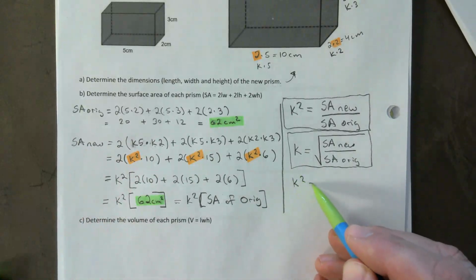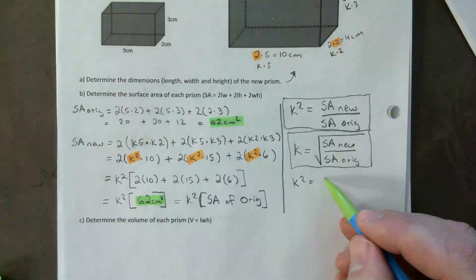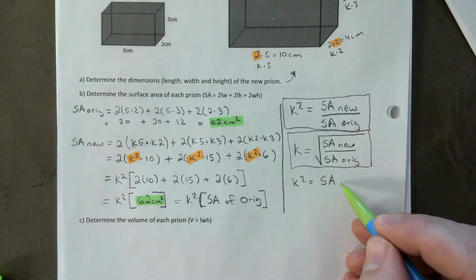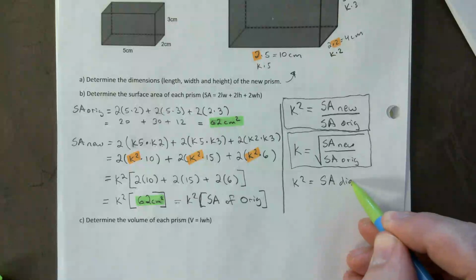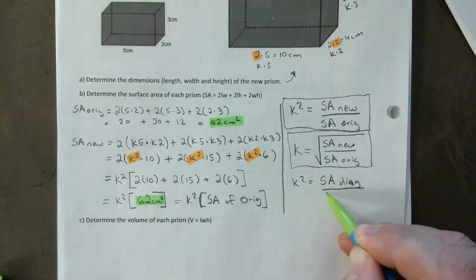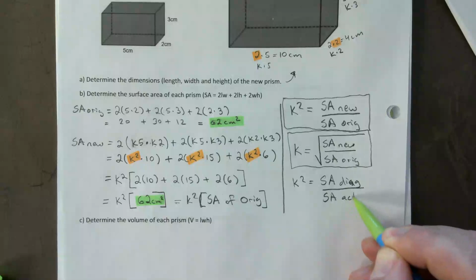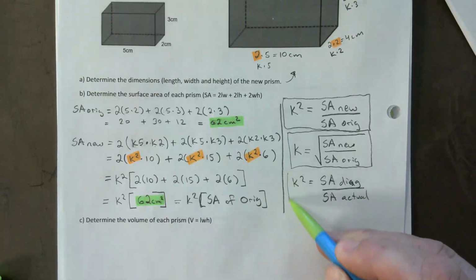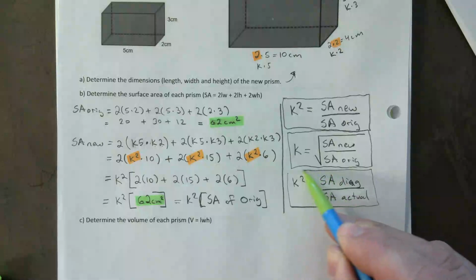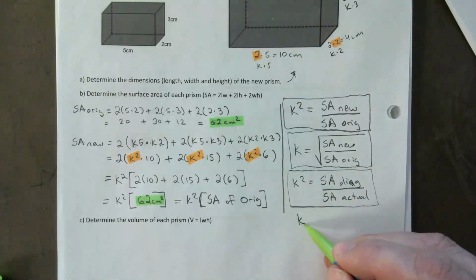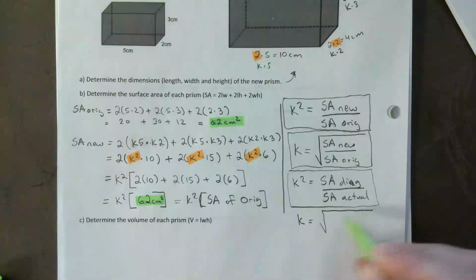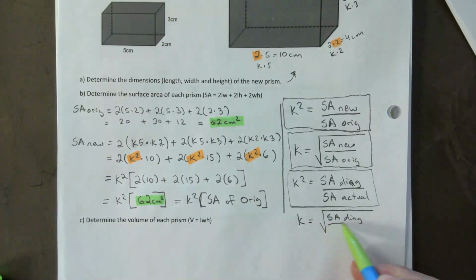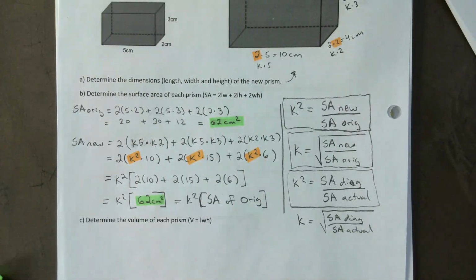So k squared is equal to surface area, or area for that matter, of diagram over surface area of actual. And let's do this, the root as well. You know what?